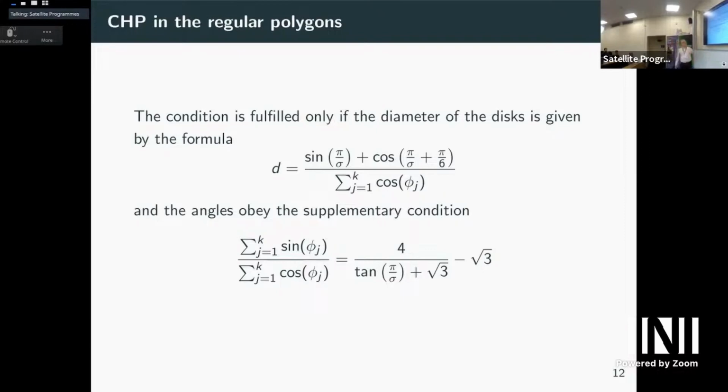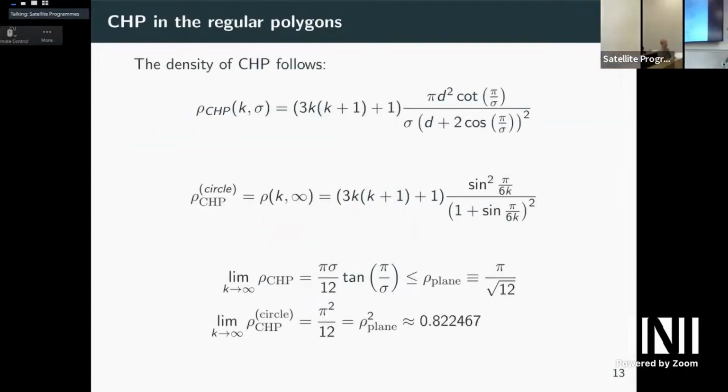So from that, you can actually see that the formula gives you, sigma here is the number of sides of the regular polygon, two relations that have to be fulfilled. And from that, you can calculate the density of curved hexagonal packing analytically in terms of sigma.